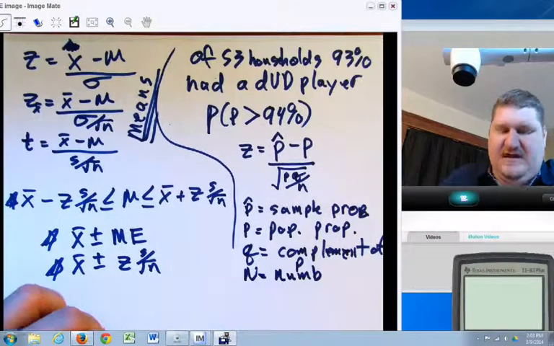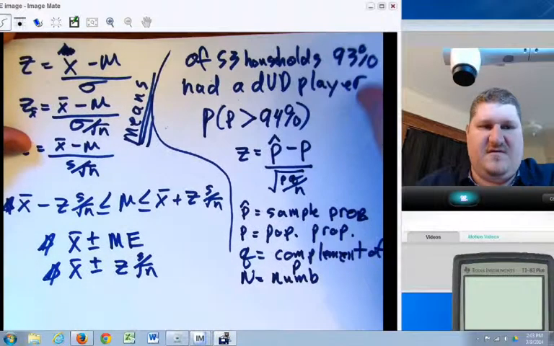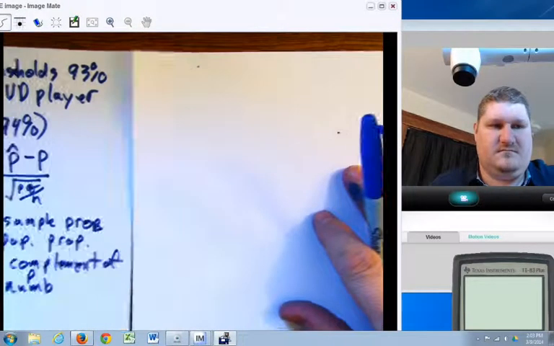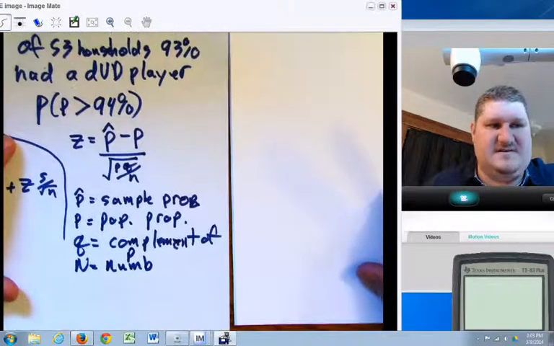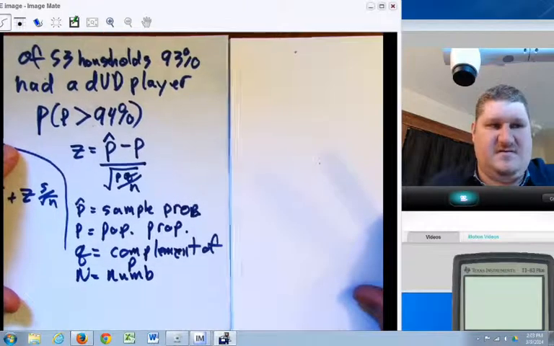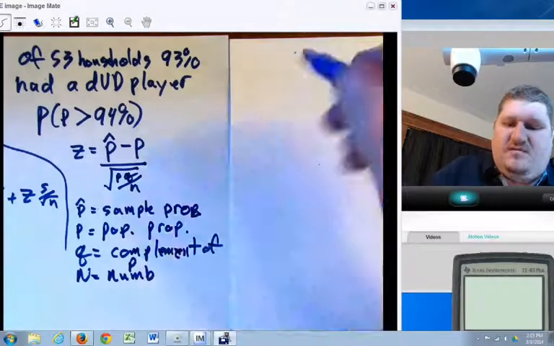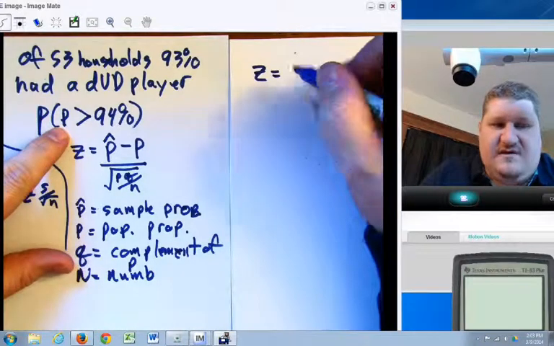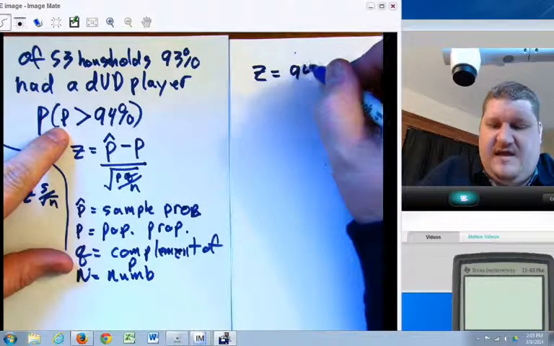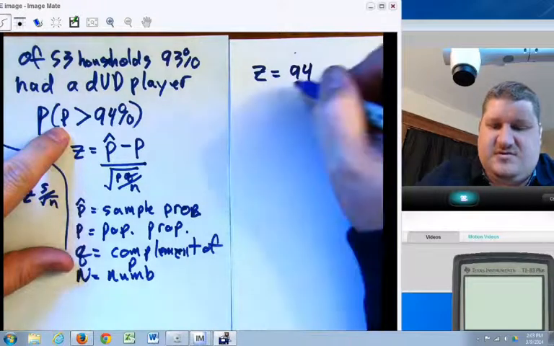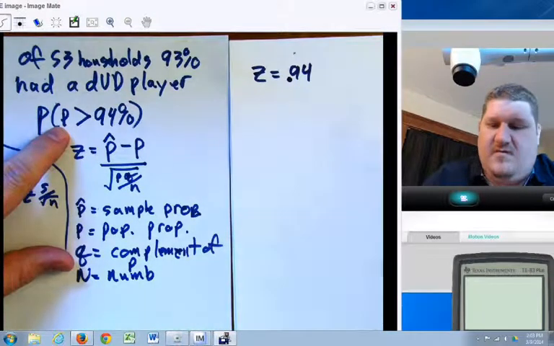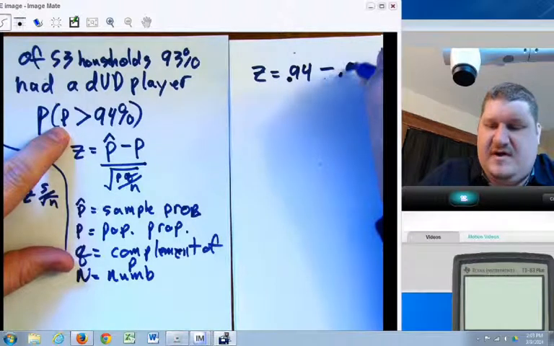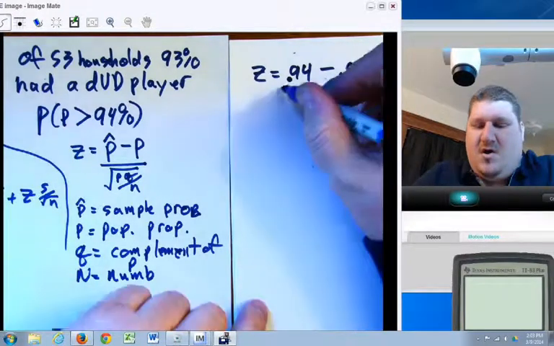Now, let's actually go ahead and attempt to use that information on a problem. So we want to find a z-score here. Now, to do that, we would say z equals, now, the proportion we want to find is 94%, but I can't put percents in math problems, so we change it to 0.94 minus the population proportion, which is 0.93, all over.